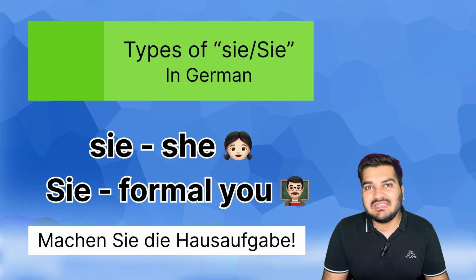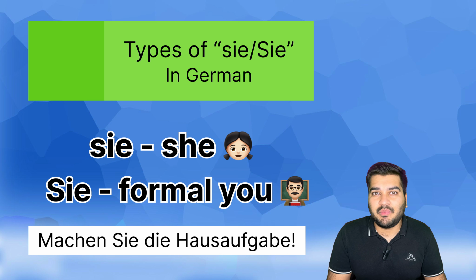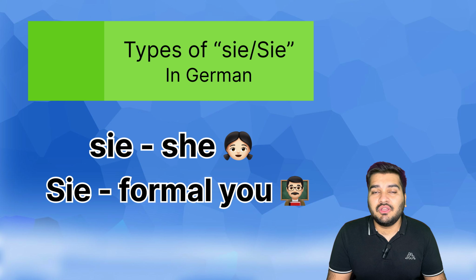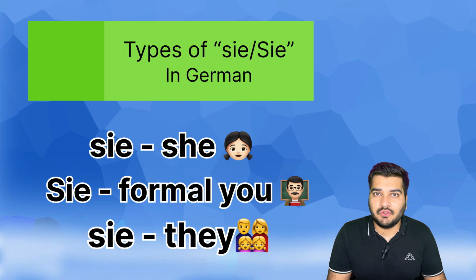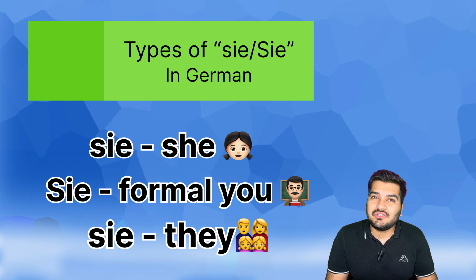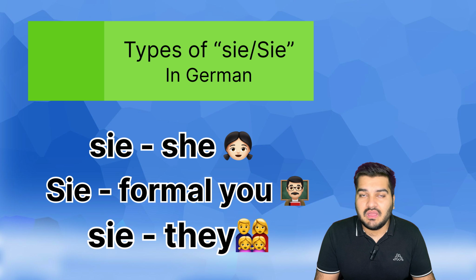As you can see, Sie is coming not on the first position, it is coming on the second position. Still, we are using capital S for this. So, now you know that we have she, formal you, and they. So, formal you doesn't come in the competition because it always has capital S. Now, let's talk about she and they. This we will learn in the next lesson.